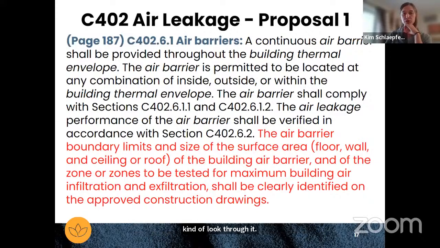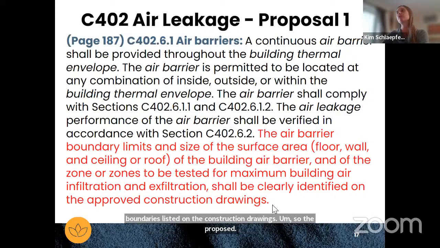So the first proposal here is to add a section to the end of C402.1 to ensure that there are clearly identified air barriers and boundaries listed on the construction drawings. The proposed language is in red, and I'll just read this section out loud.